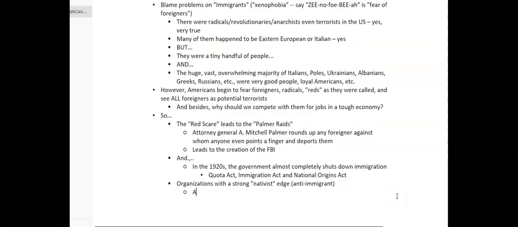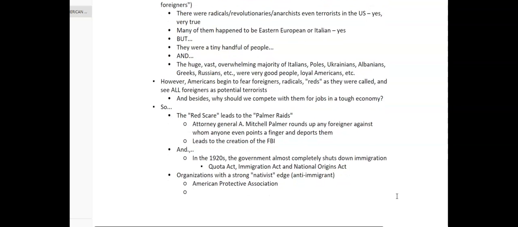The American Protective Association and the Ku Klux Klan becomes a very anti-immigrant group during this period. Note that nativism that keeps coming up in American history. A good theme in U.S. history to keep in mind.